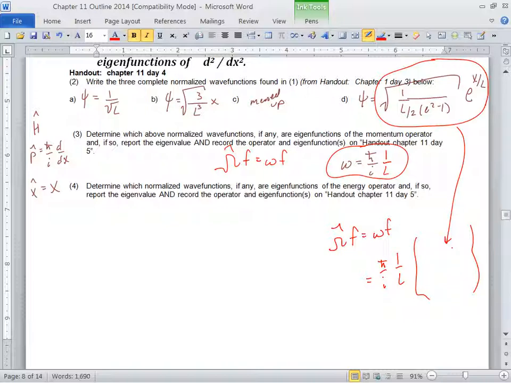So I get my whole function back here again. So this has to be my eigenvalue. All of that is a constant? Anything that's not x is a constant, right? x is the only thing I'm taking the derivative of, so x is my only variable.